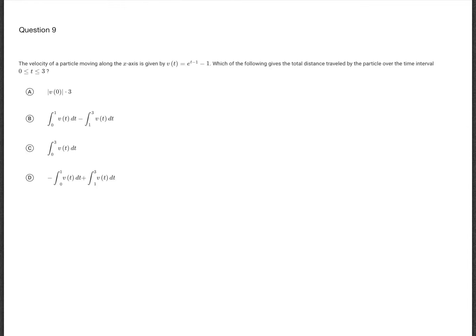Let me rewrite this. We want to know when this is greater or less than 0, so let's figure out when it's equal to 0 first.